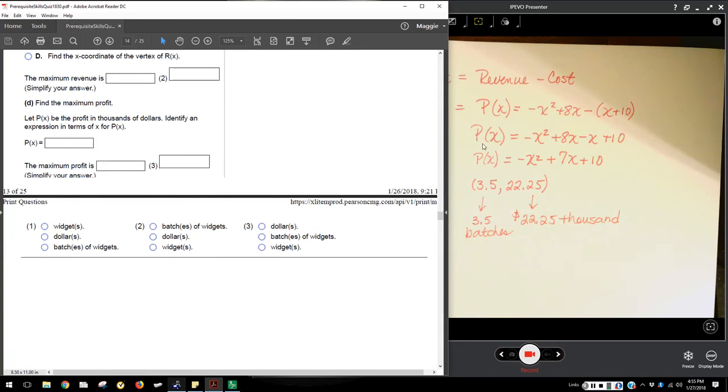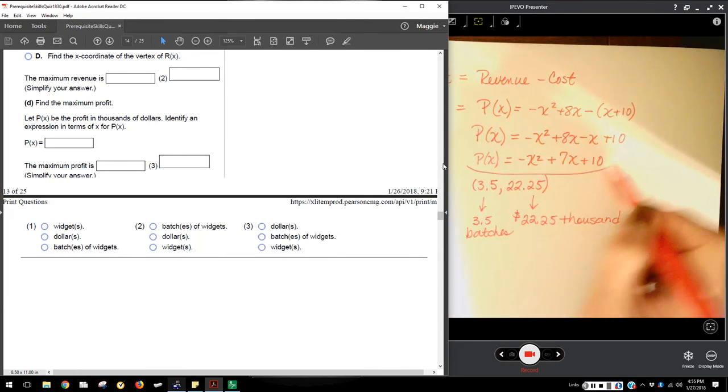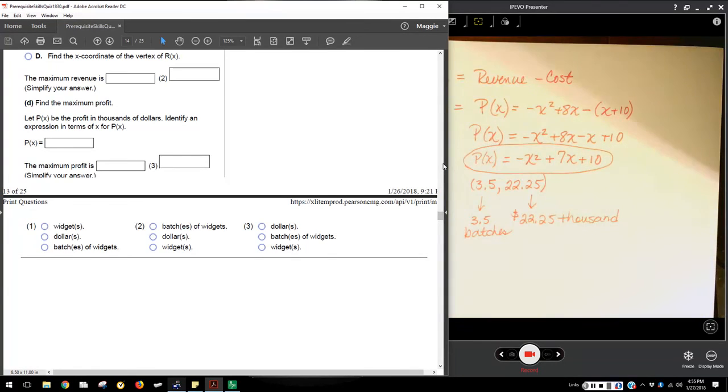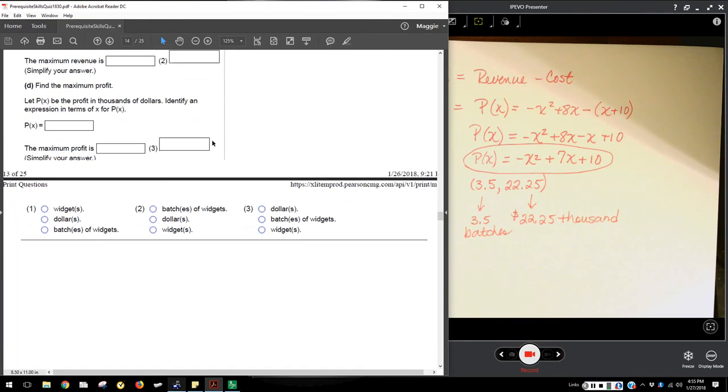So P of x equals this expression right here, and the maximum profit is $22.25 thousand.